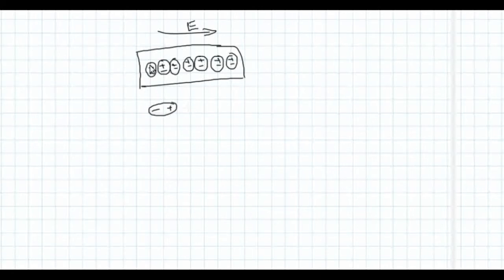So, this will split such that negative charge has an orientation towards the opposite side of electric field, and positive charge has an orientation towards the direction of electric field. So this way, both the positive and negative charges will orient, and as a result, you can see the new arrangement of the charges will be as shown here.